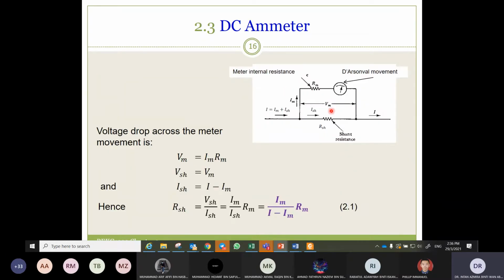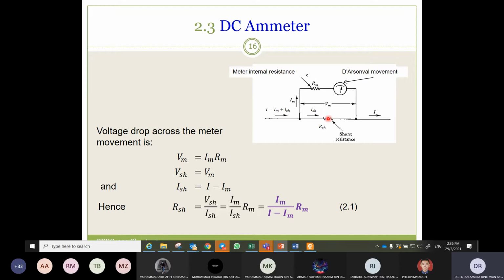So we come to the basic electric circuit, basics that you learned last semester. Vm is Im Rm. Vm is the voltage drop across the PMMC construction here. V shunt is the voltage drop across R shunt.